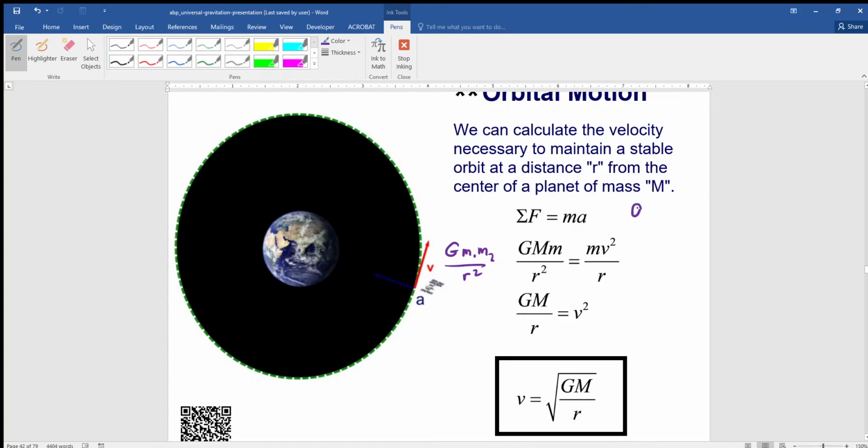Well, if you recall that acceleration equals velocity squared over our radius, this comes to that and is substituted back into here because we want to be able to manipulate our data with what we're given. Since we are talking about distances and velocities and masses, we need to put it into terms that we can work with.